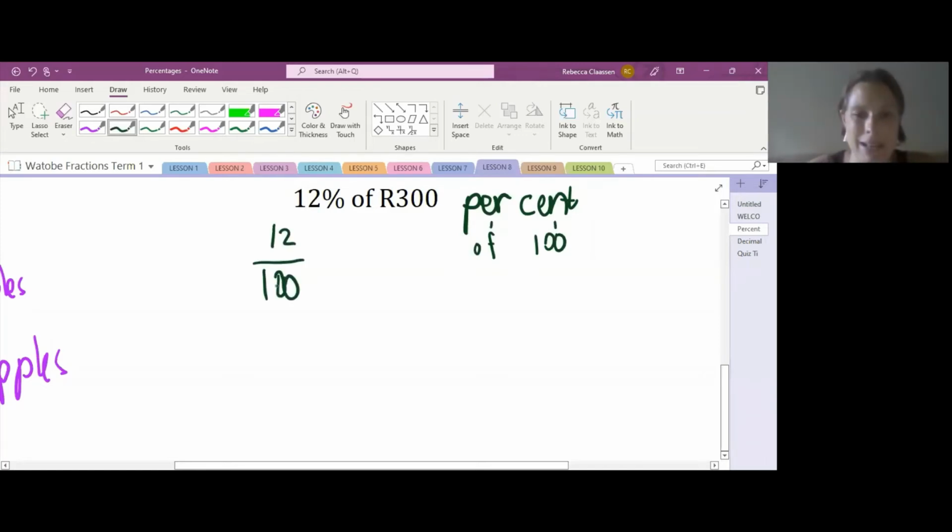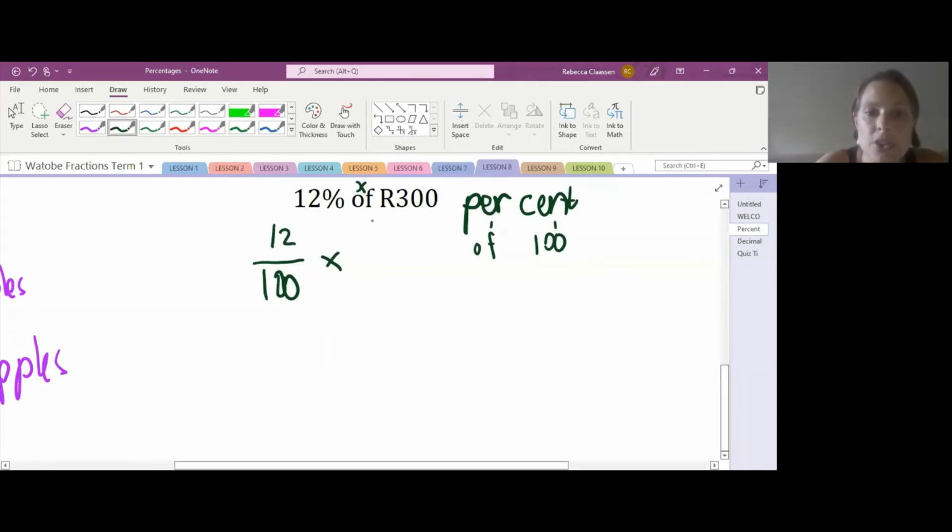And we know from Monday that of means times. Now that we're in grade 7, of means times. And when I've got 300 rand, I've got 300 wholes. Okay, so 300 whole, there's no fraction, 300 whole amount.